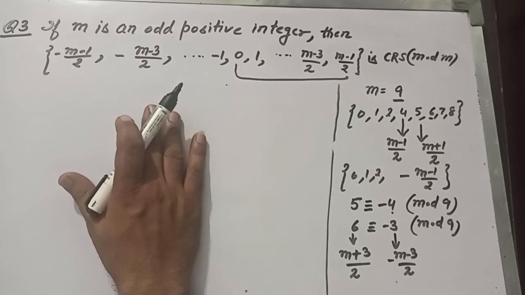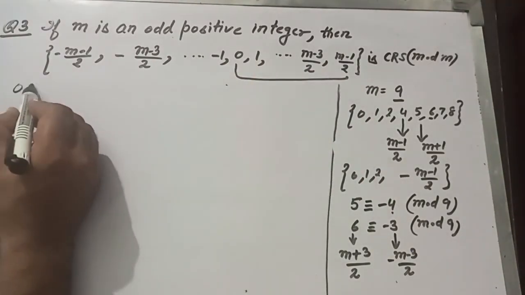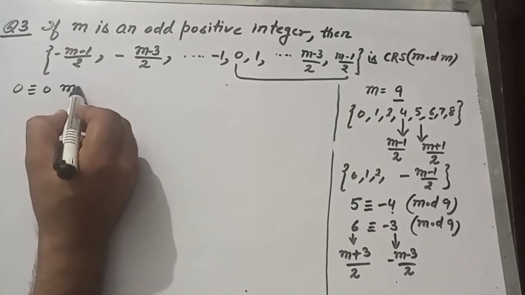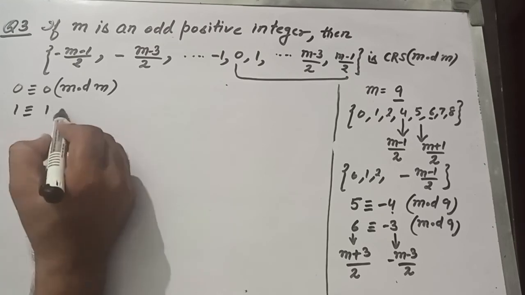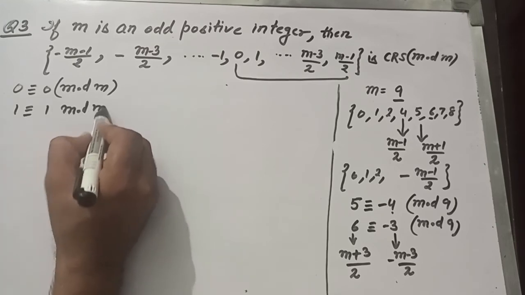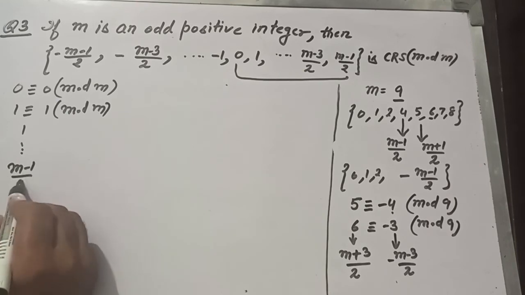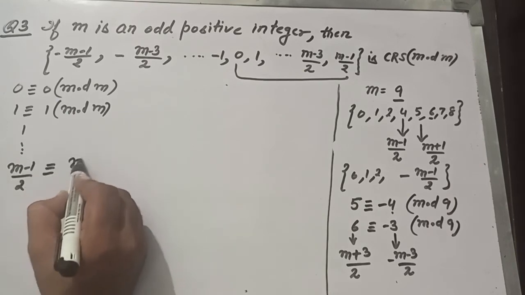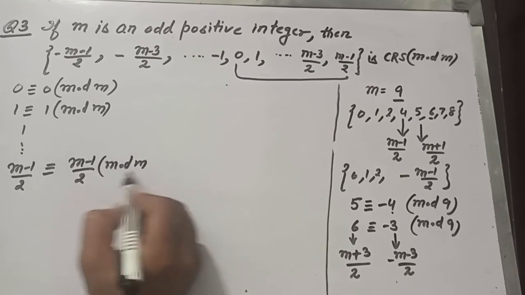So now, first take this half portion. 0 is congruent to 0 mod m, 1 is congruent to 1 mod m, and so on. (m minus 1) by 2 is congruent to (m minus 1) by 2 modulo m. There is no problem.